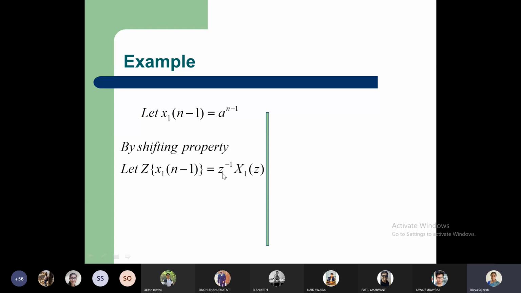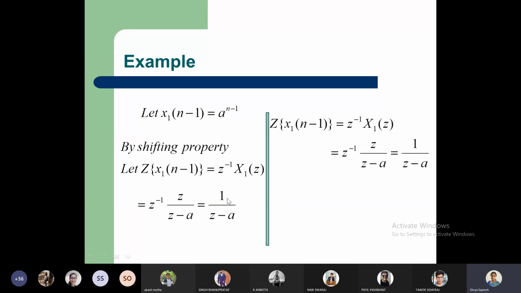So it will be z inverse into x1 of z. Now what is your x1 of z? You already found it as z upon z minus a. So this z will get cancelled, and that will be equal to 1 upon z minus a.